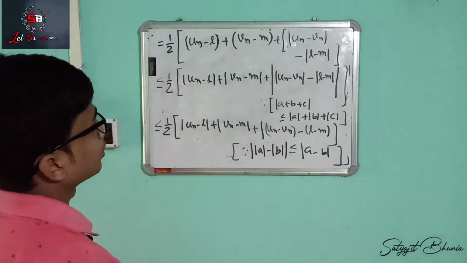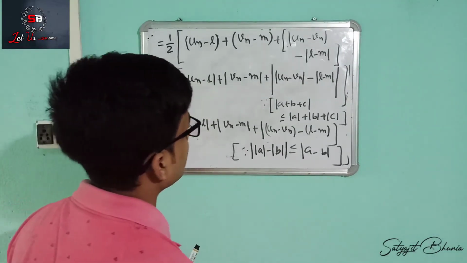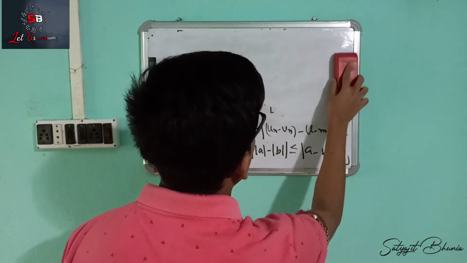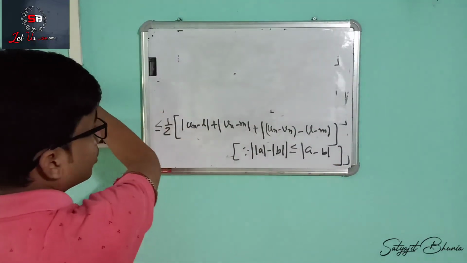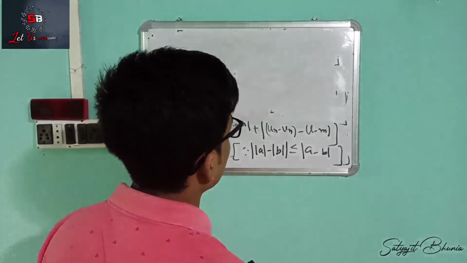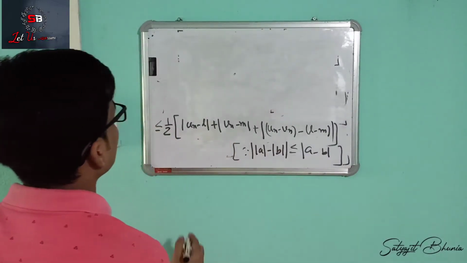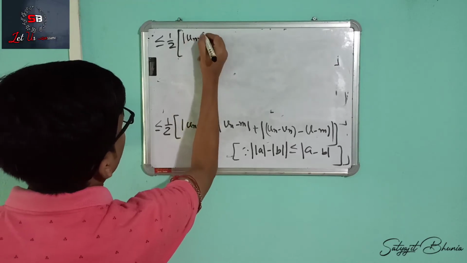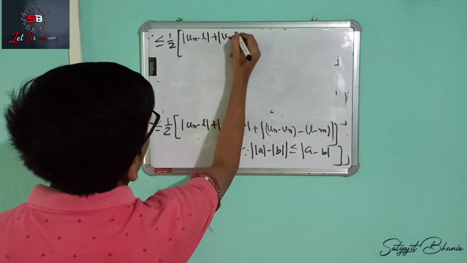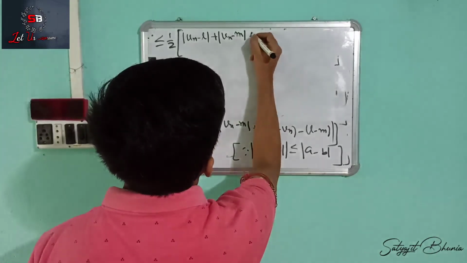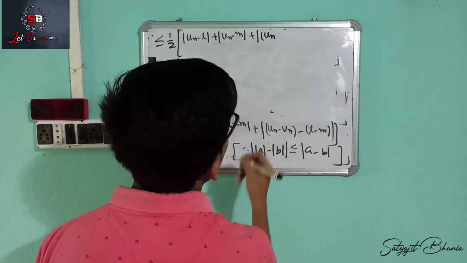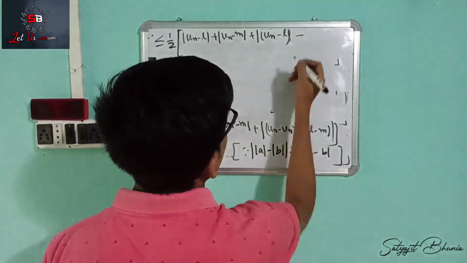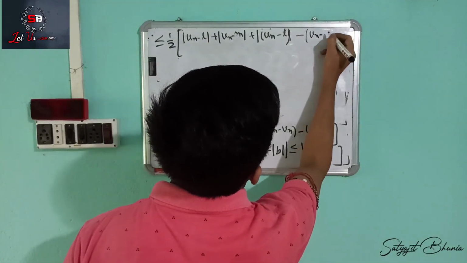This is less than or equal to half of mod of un minus l plus vn minus m plus mod of un minus l minus vn minus m.